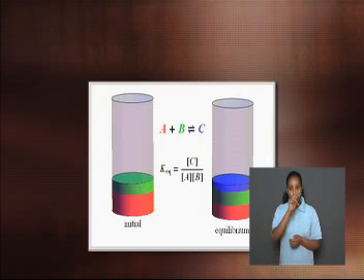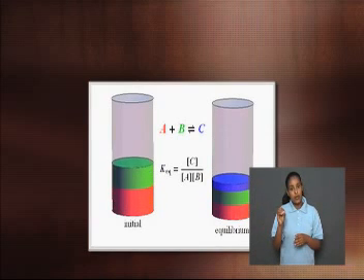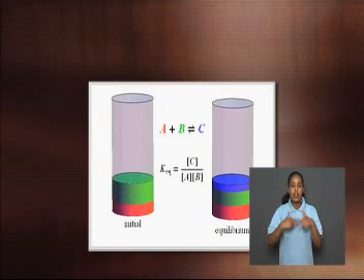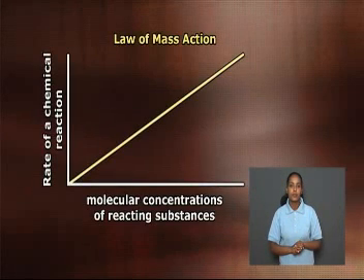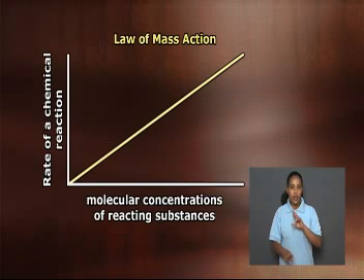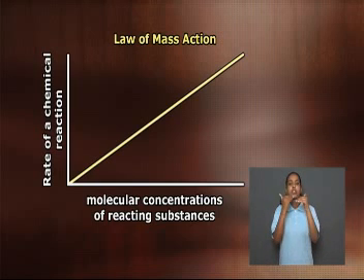Norwegian scientists Cato Guldberg and Peter Waage studied reversible reactions and came up with this law. It states that the combining power of two reactants, A and B, depends upon their nature as well as their active concentration.